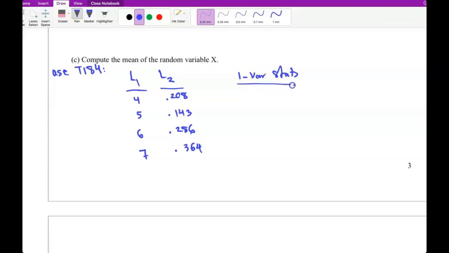So after we press that one, we saw this list L1 and frequency should be L2.